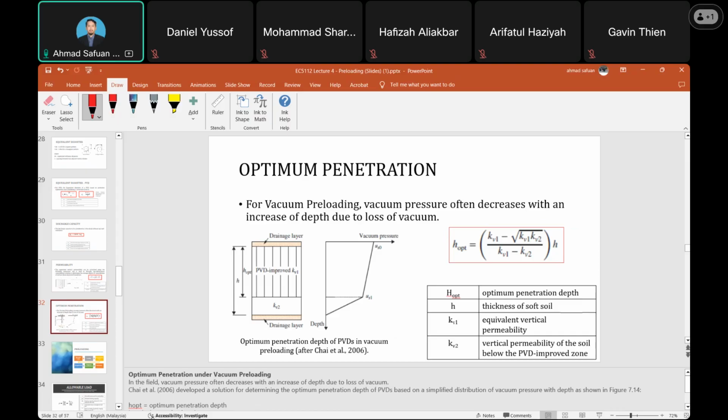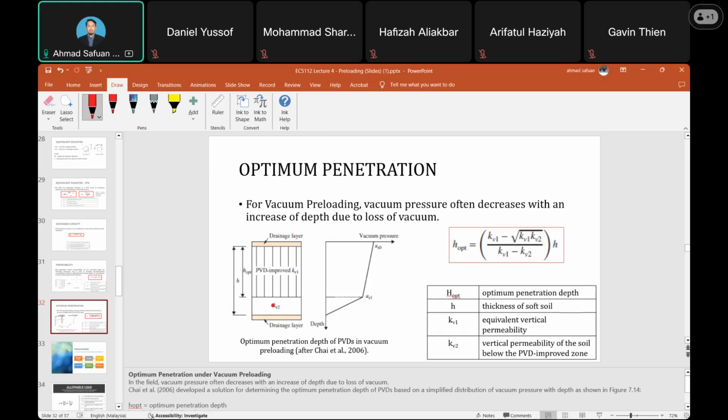So when we want to determine the optimum depth for the vacuum suctions, we use these equations, which is the KV equivalent vertical probability minus KV1 is square root KV1 KV2 over KV1 minus KV2, where KV2 is the vertical probability of the soil below the PVD improved zone.